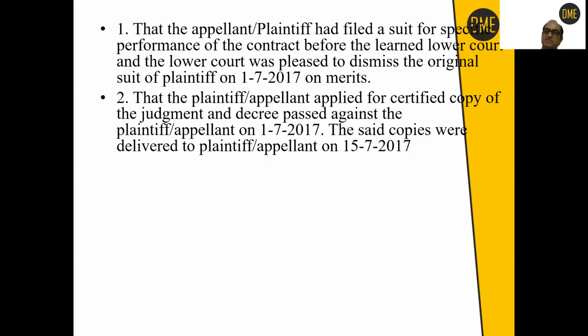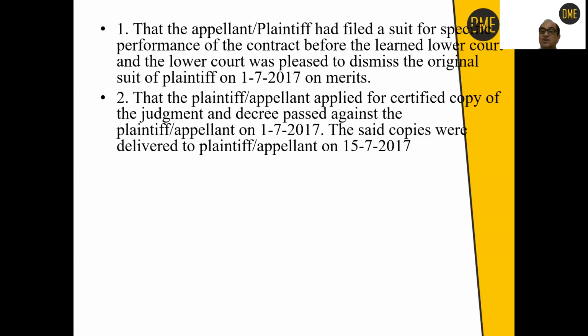So the second fact to be mentioned in the application under section 5 is that the appellant applied for certified copy of the judgment and decree passed against the plaintiff appellant on 1st July 2017. See how vigilant he is. He applied for the certified copy of the judgment and decree on the very day when judgment was pronounced and the suit of the plaintiff was dismissed.